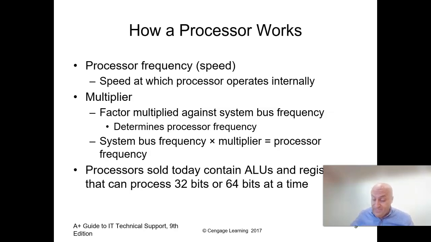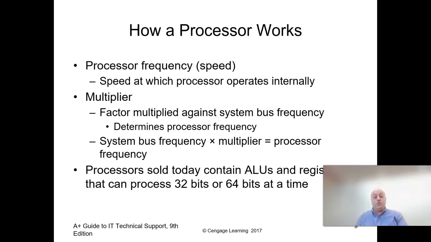For example, if data goes from this component to this component in 1 millisecond or 3 millisecond, then that would be a delay outside the control of the CPU. So system bus frequency times multiplier gives us the processor frequency.